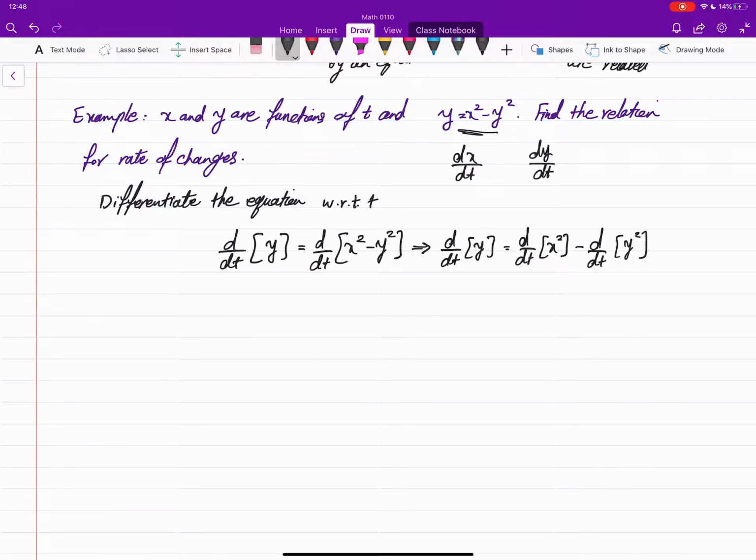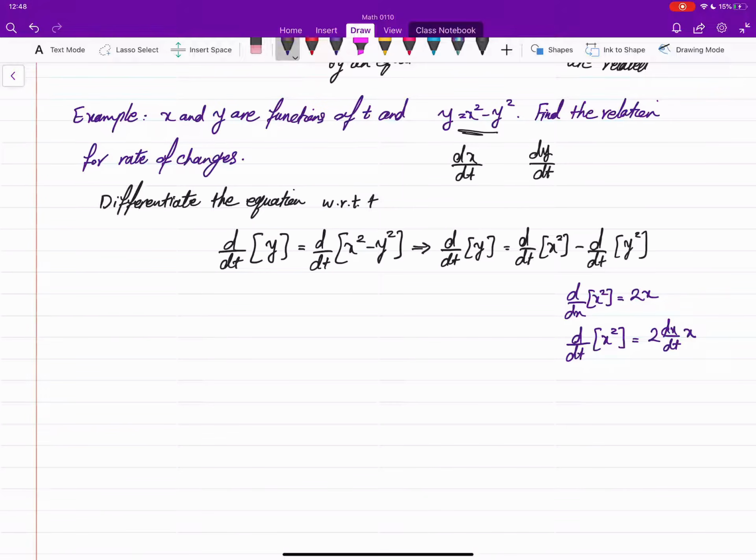And when you are here, you want to differentiate, yes? You know that x and y are functions of t. If someone tells you what is d dx of x squared, you definitely know that it is 2x, yes? But when someone says what is the d dt of x squared, this means that x is a function of t, and in that case it's not just 2x. You have to apply the chain rule.